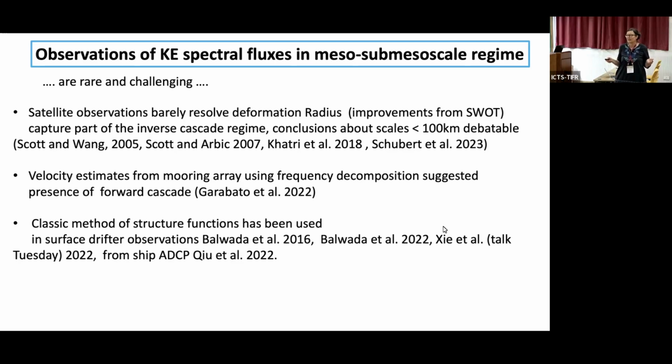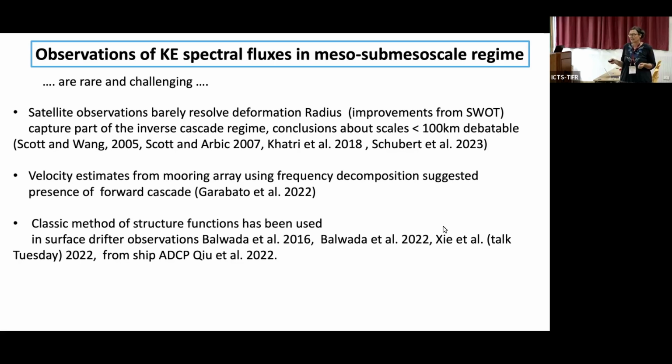There was one study by Garabato et al. where they used velocity estimates from a mooring array. And then there's the structure function method, which is also a classic statistical method. Some of you actually know much more about this than I do, so I'm very happy to get tips. We've already heard about this method in a talk on, I think, Monday.